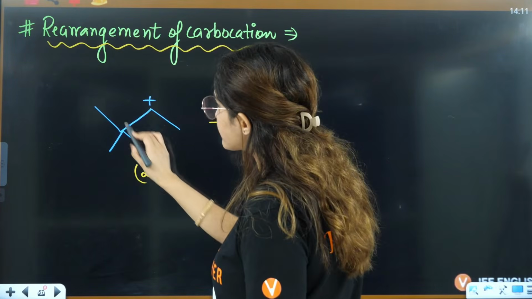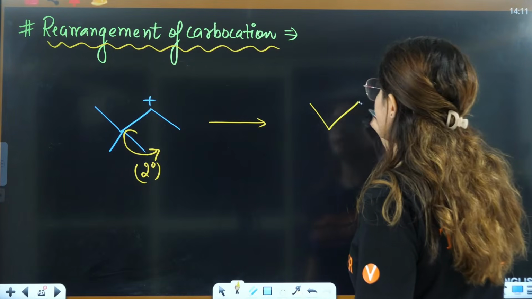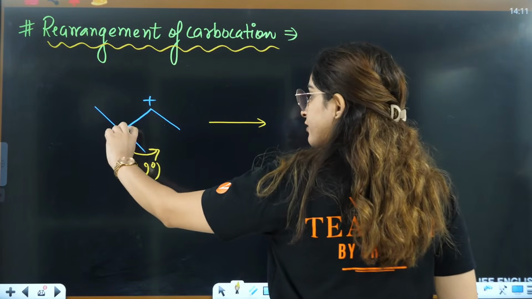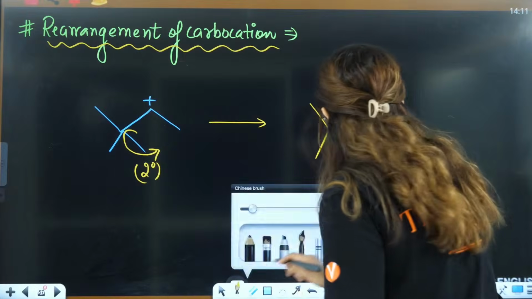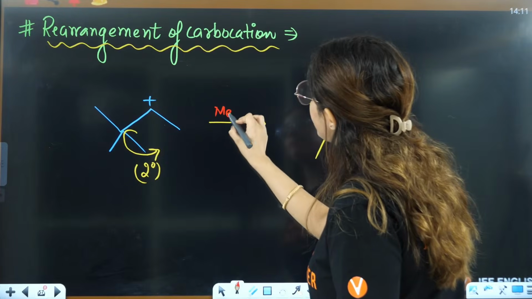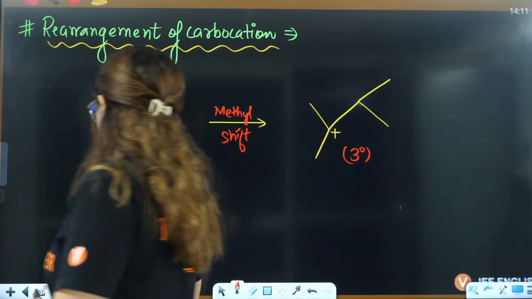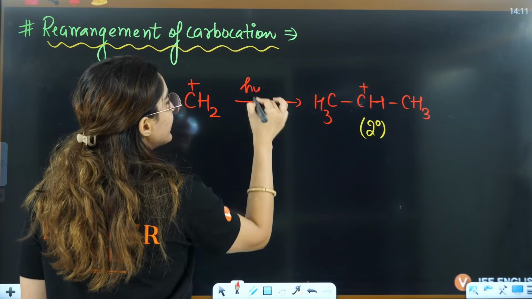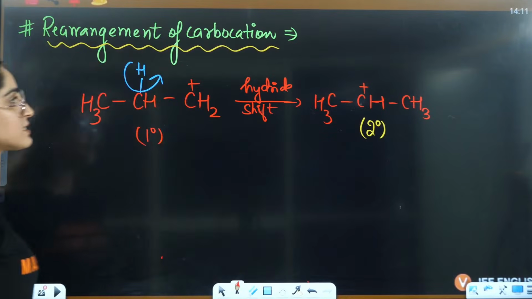Now this is CH3, this is CH3, this is CH3. This CH3 can also shift here, and the cation will shift here. Now this will be a 3 degree carbocation, but here you have a methyl shift, and in the earlier case you had a hydride shift.